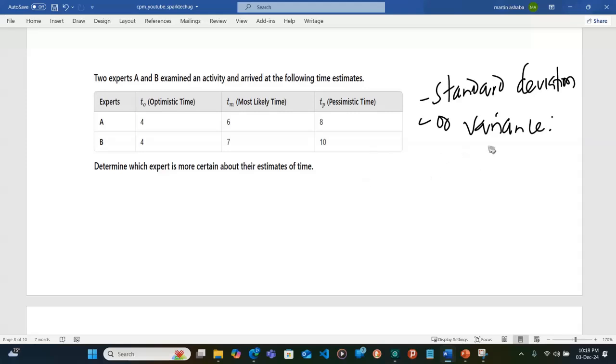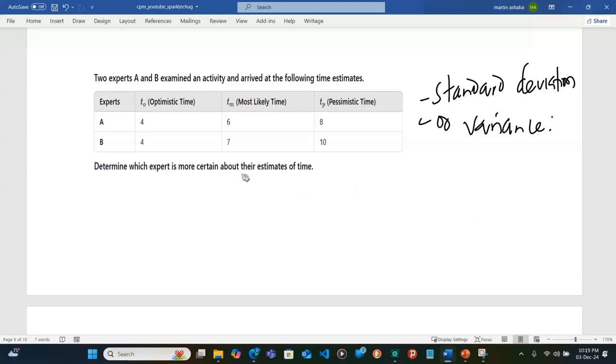If we get a larger value, that means there is more uncertainty. If we get a smaller value, there is less uncertainty. In other words, the most likely value is more reliable.